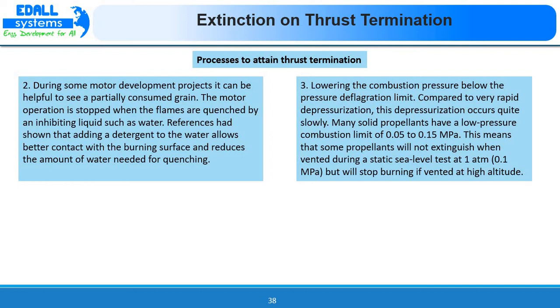This means that some propellants will not extinguish when vented during a static sea level test at 1 atm, that is at 0.1 MPa, but will stop burning if vented at high altitude. We can also reduce the combustion pressure below the pressure deflagration limit for the propellants which are used for development projects. But the same we cannot use at high altitudes because again if you lower the combustion pressure inside the combustion chamber then the flame may extinguish.